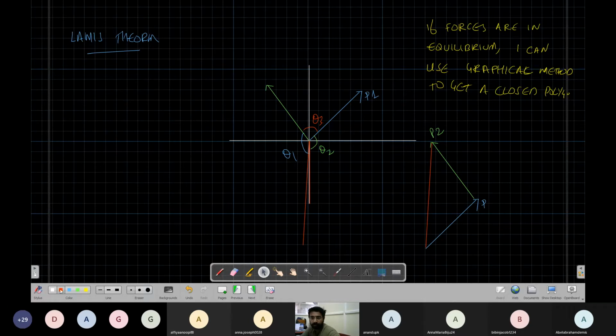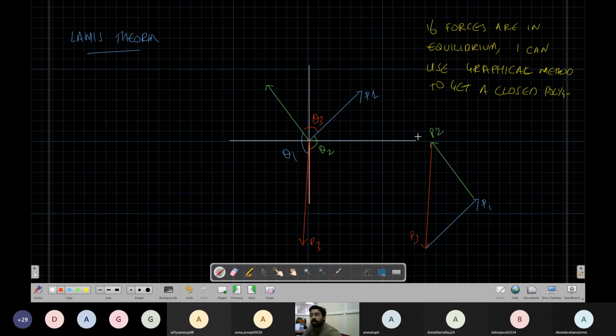So this is my P3, with theta 2 and theta 1. There is always a slight change. So P1, P2, and P3 should close like this.